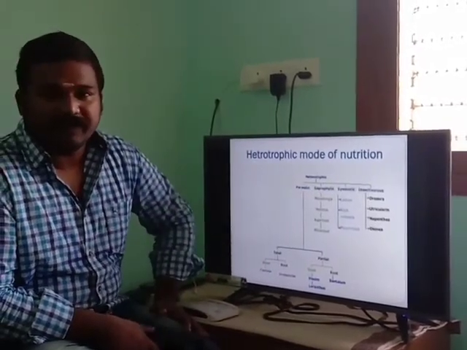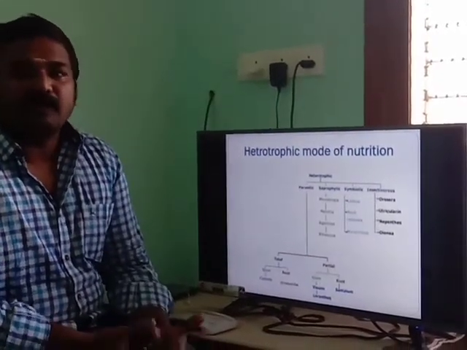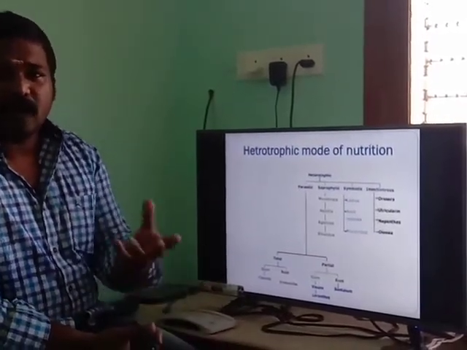Saprophytic mode of nutrition. In the saprophytic mode of nutrition, they are nothing but mushrooms. We all know what a mushroom is.